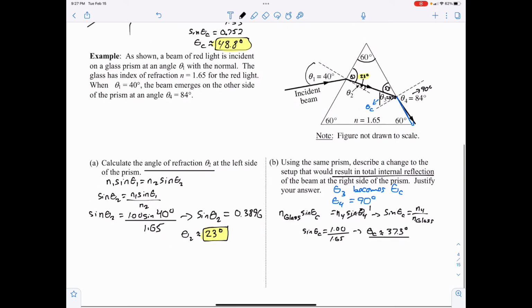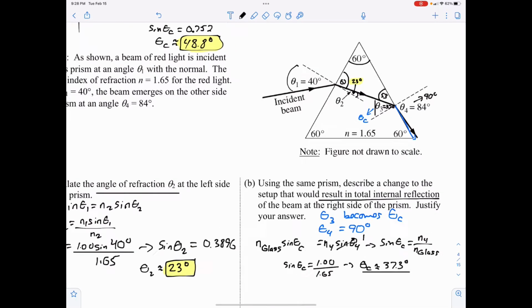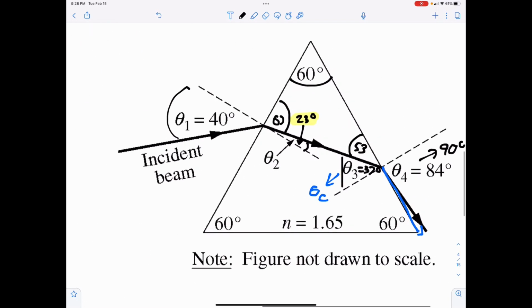Now, 37.2 degrees, if we actually go through and do the math everywhere, if this becomes 37.3 degrees, then this is not 53 degrees anymore. 90 minus 37.3 is now 52.7.